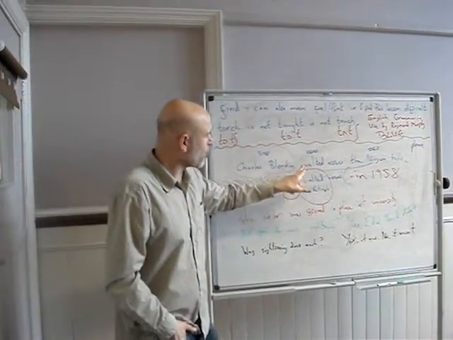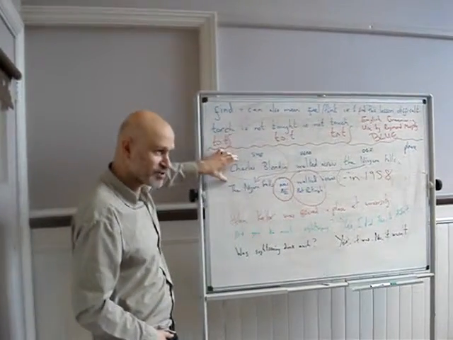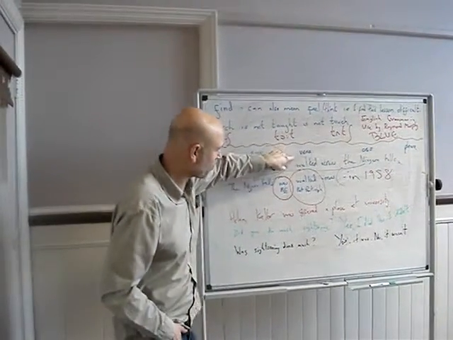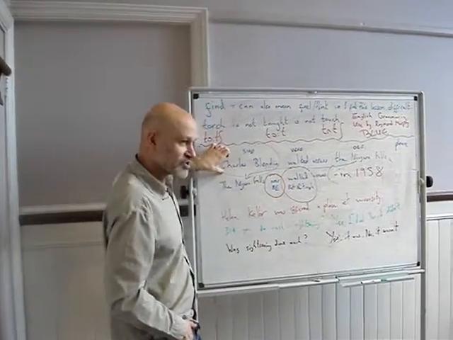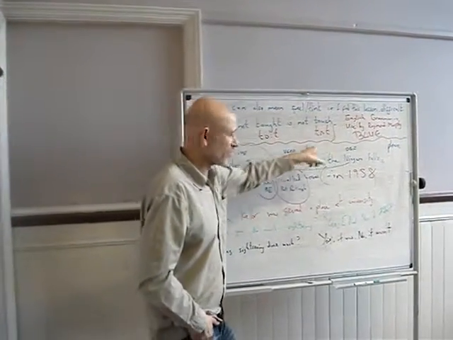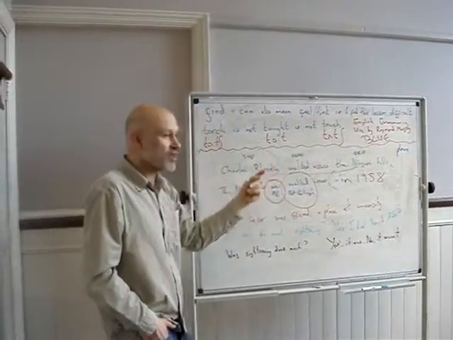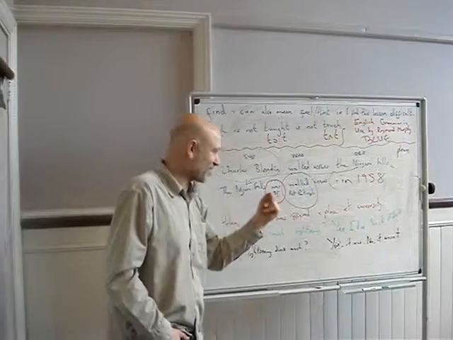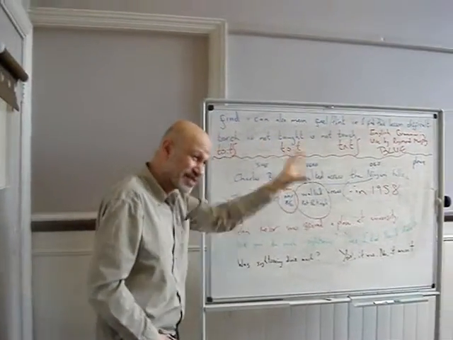Charles Blondin walked across the Niagara Falls. So we have the subject of the sentence, we have the verb, and we have the object. Now it's like this because he is the person who did this. He walked across the Niagara Falls. To make the sentence passive, we're no longer interested in the person who did something.